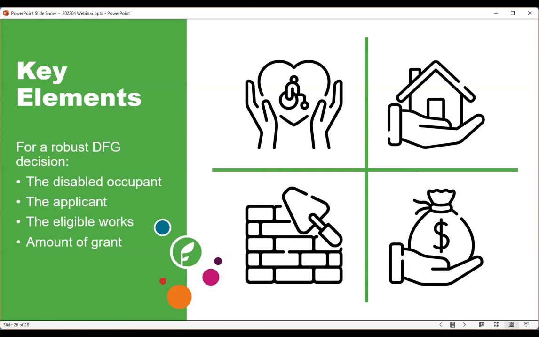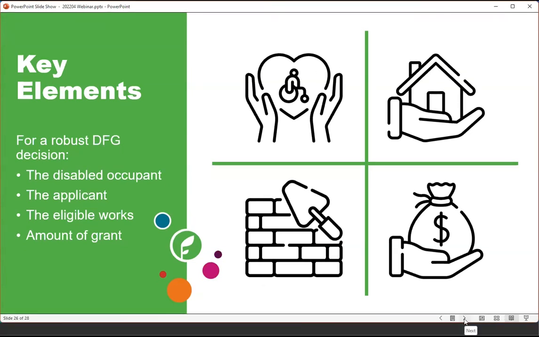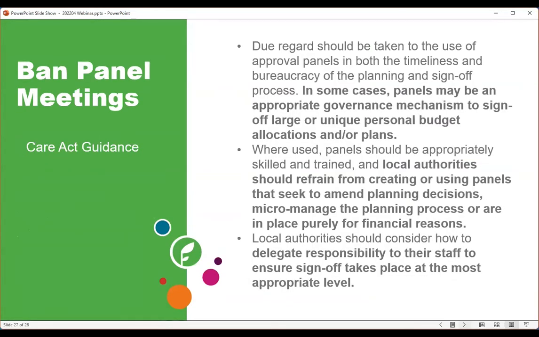For any grant that you're going to approve, you need to have ticked off all 4 of those elements to be able to approve it, which you would usually do as you're going through the process. But one thing that we see quite a lot in the local authority areas, districts, boroughs and counties that we visit, is there's quite often a panel meeting that looks just at the necessary and appropriate element of an assessment.